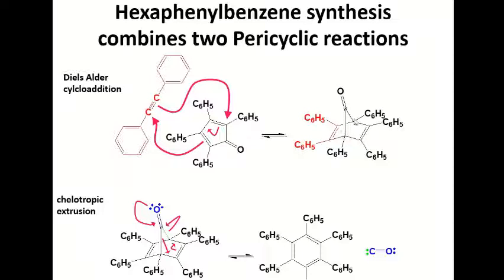It means in a perpendicular plane, or ideally not in the same plane of this ring over here. After this, the cheletropic extrusion is going to take out that carbonyl group and form carbon monoxide and form the product, which is the hexaphenylbenzene.